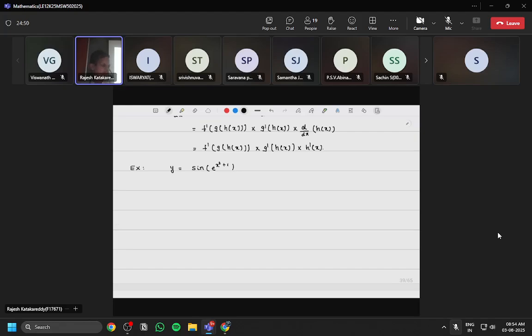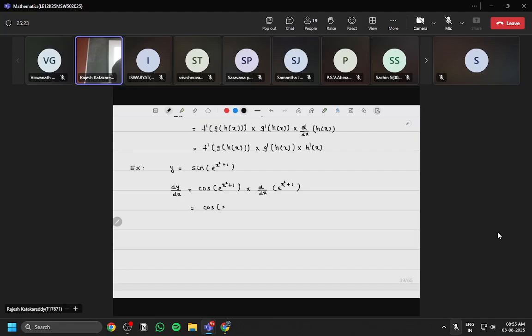If we are finding the derivative of this function, dy by dx will be equal to, I can see the sine function. The derivative of the sine function is the cos function. So cos of e to the power x square plus 1 into d by dx of e to the power x square plus 1. Now the derivative of the exponential function is the exponential itself.